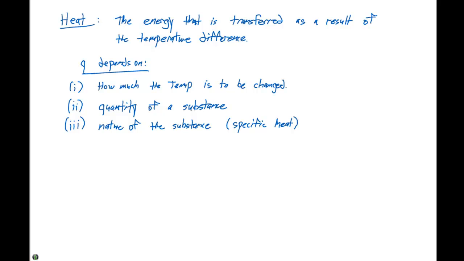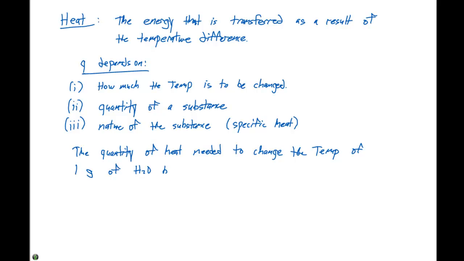So we can also define a unit based upon heat, and we can say that the quantity of heat needed to change the temperature of 1 gram of water by 1 degree Celsius is defined as the calorie.